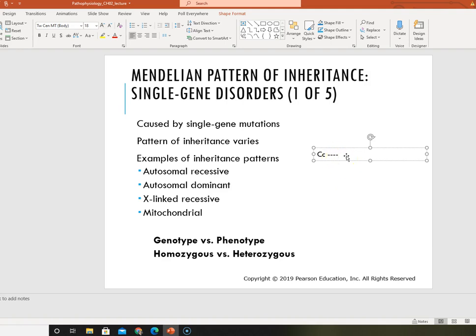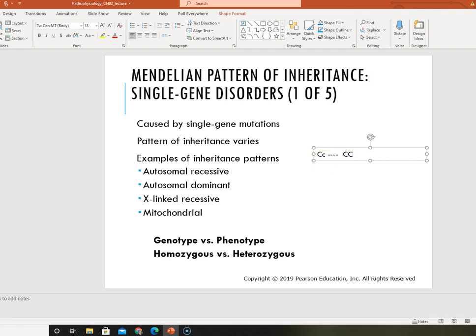We inherit one copy from our mother and one copy from our father. The big C is the dominant allele and the little c is the recessive allele. If we look at this genotype here, we would say this is heterozygous: you have one dominant allele and one recessive allele.